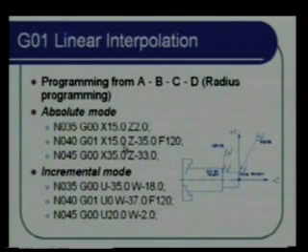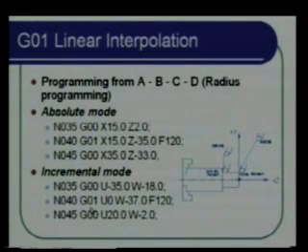Now if you have to do the same programming in incremental mode, again what we are going to do is, it's G00, U minus 35, W, so U will be incremental, so it will be this minus this, because the actual distance moved, that is what is specified here. U along the negative direction, W along the negative direction, so it is negative, negative.